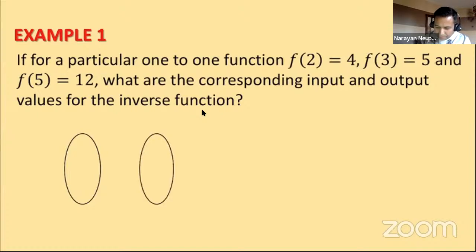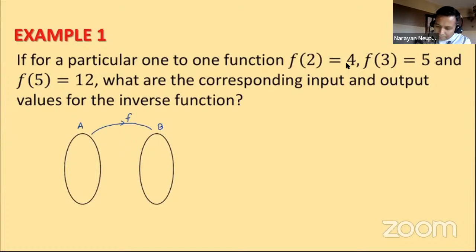Let me quickly sketch that diagram. Suppose there is a function f from set A to set B such that the element 2 is mapped to 4. Or if the input is 2, the output is 4.